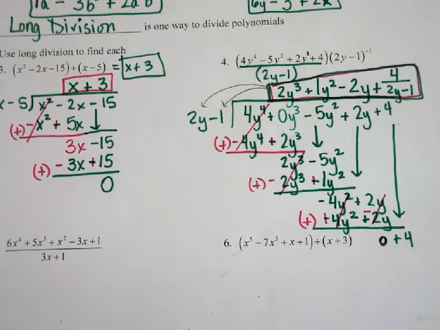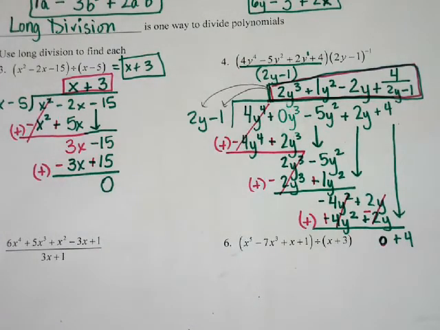Okay. Should we do one more long division one, and then go to the other version? Yeah? Okay. So do you want to do 5 or do you want to do 6? Let's do 6. 5? 5.